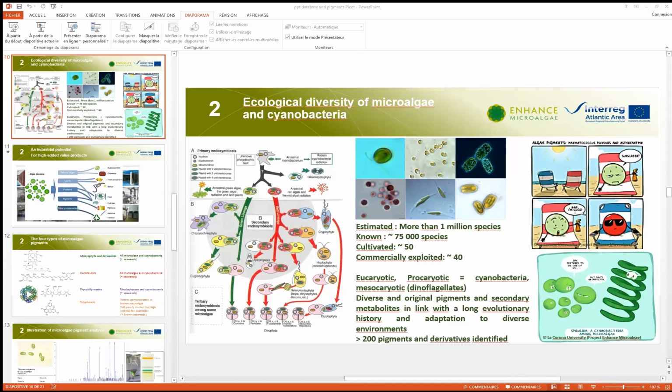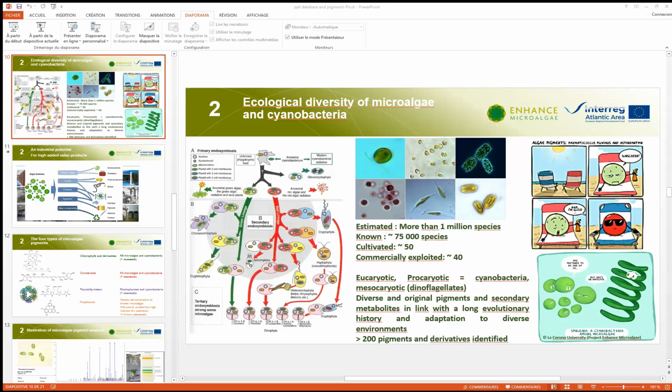The first one are chlorophylls and derivatives. You can find them in all microalgae and cyanobacteria, and also in seaweeds. But microalgae offer a lot of advantages to produce many chlorophylls and derivatives. The second family of pigments is carotenoids, and these pigments are highly interesting, for example, for pharma application.